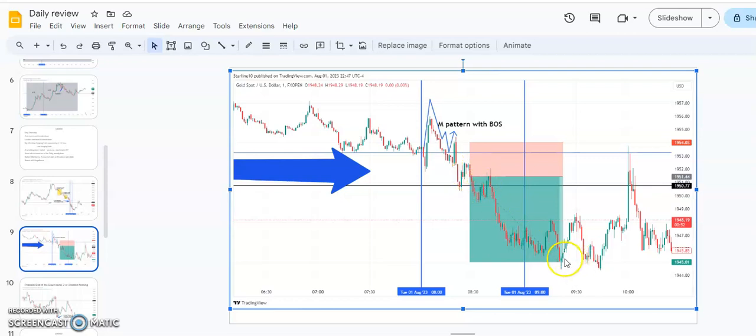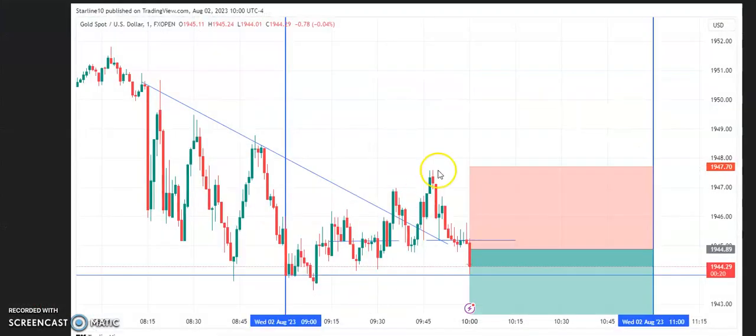Look at that. Beautiful entry. But as you can see, these trade setups are usually very fast. So if you get in, get your money and get out. Otherwise, the price will come back to stop hunt you. So this is the entry. As you can see, we have this trend line.